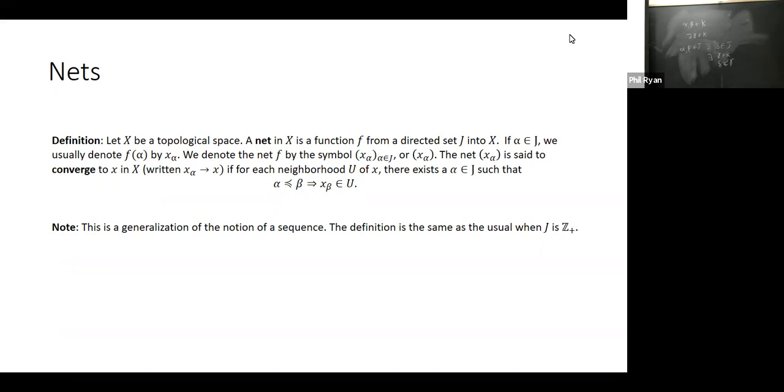You put brackets, and we say that a sequence converges to X, and we write it x sub n goes to X, if for every neighborhood U of X, there exists an integer, usually say big N, such that whenever little n is bigger than or equal to big N, x sub n is in U. So it's exactly the same concept as the sequence that we had before.